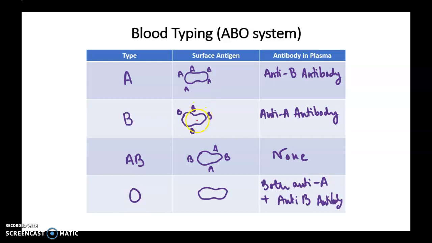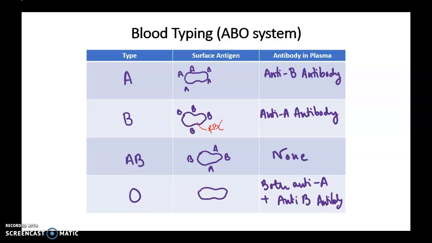So these are the cells that you see that I have drawn. These are RBC cells. Okay. So these are the surface antigens that we find. How about the antibodies? Well, I want you to understand one thing. If an antigen is present on the surface of RBC, I repeat, if an antigen is present on the surface of RBC, the person's body recognizes that antigen as self and does not produce antibodies against it.